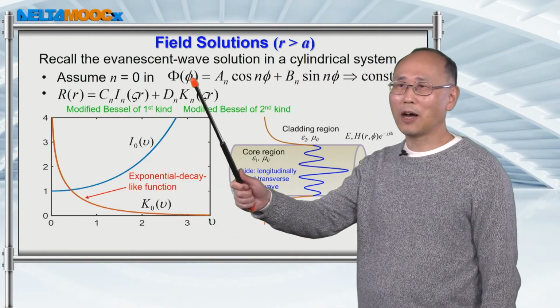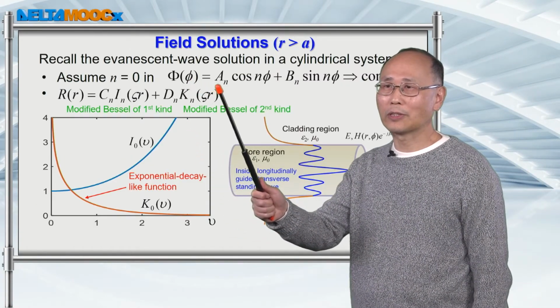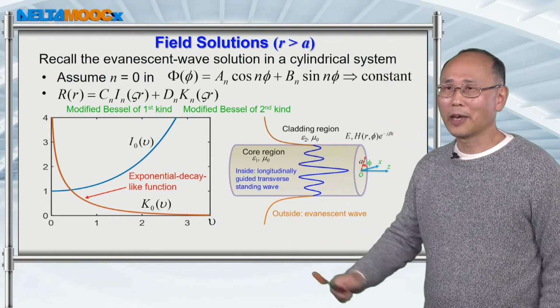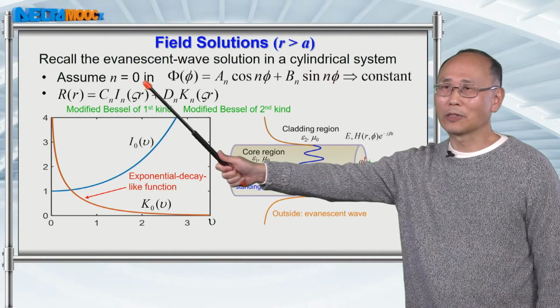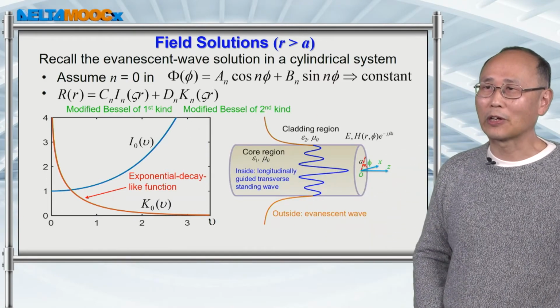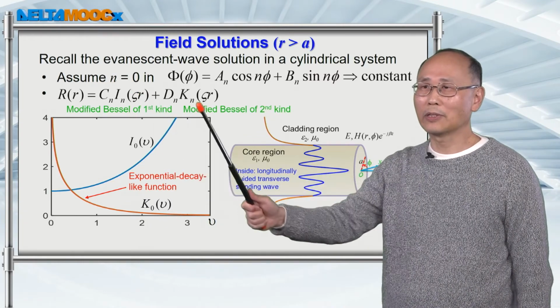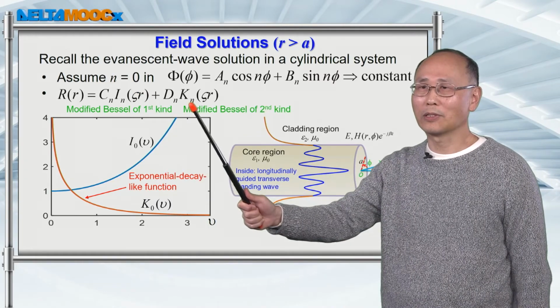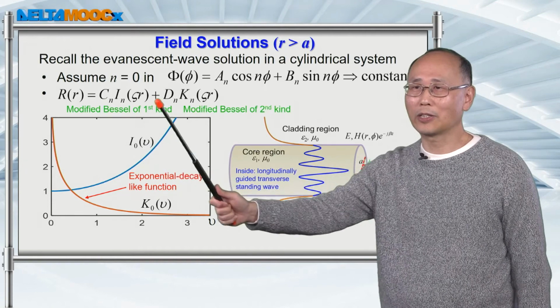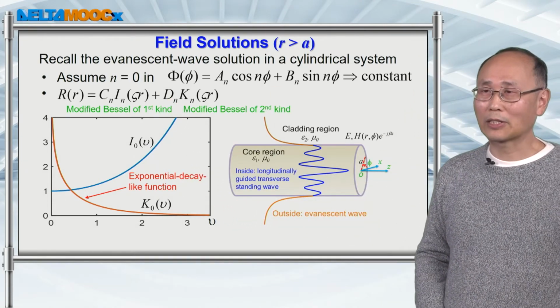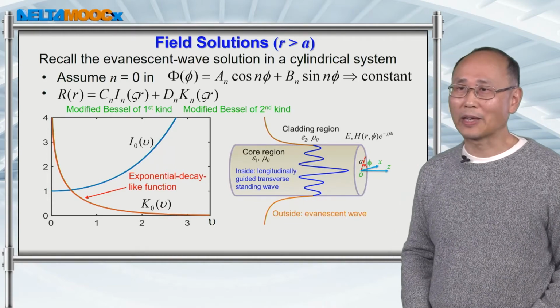And so now you can write down the general solution for the field outside the core of the fiber. Again, we choose n equal to 0 so that there's no variation along the phi direction. Once you choose n equal to 0, you can label this n as 0 along the r direction. Along the r direction, you want to choose a solution that is consistent with the evanescent wave.